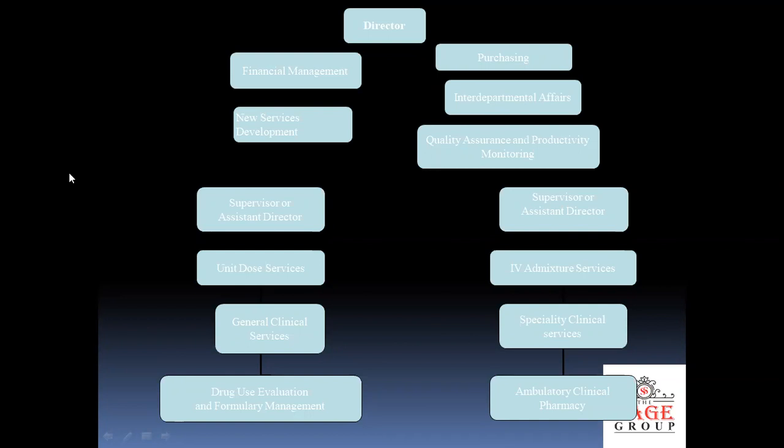And in purchasing, inter-department affairs, quality assurance and productivity monitoring, supervisor or assistant director, again, that is admixture services, specialty clinic services and ambulatory clinic pharmacy. Write down this chart also.